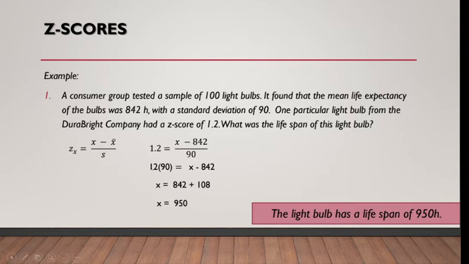After getting the value of the lifespan of each bulb, each of the 100 light bulbs has a lifespan of 950 hours. So that is the general answer for example number one: each bulb has a 950 hours lifespan.